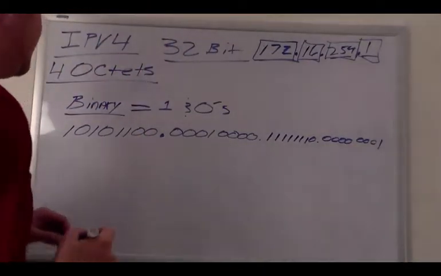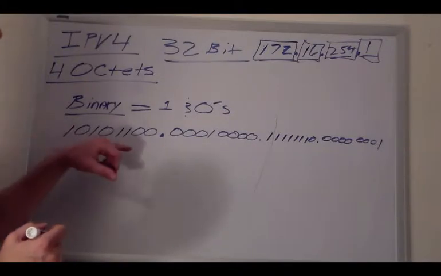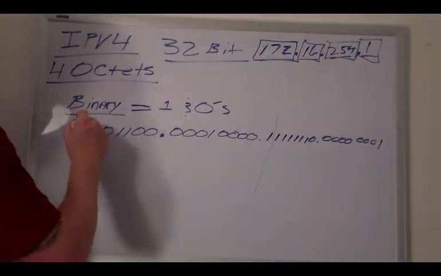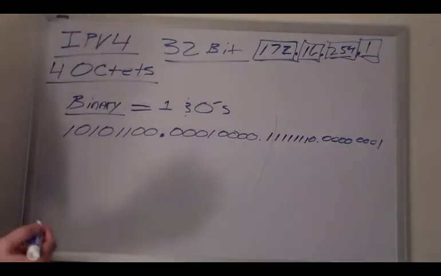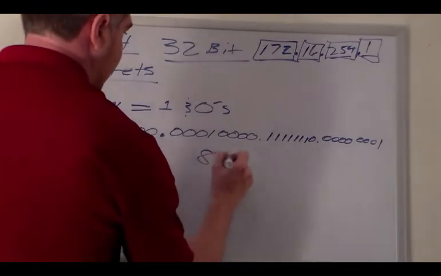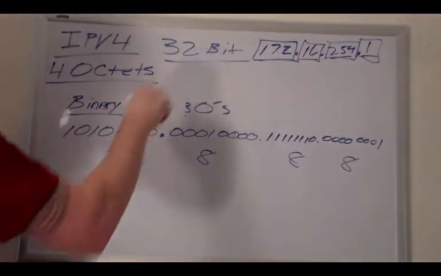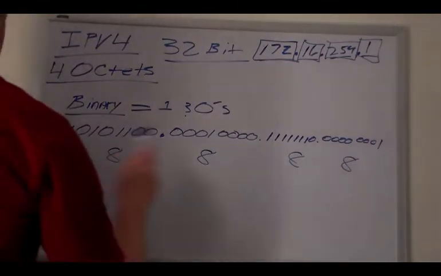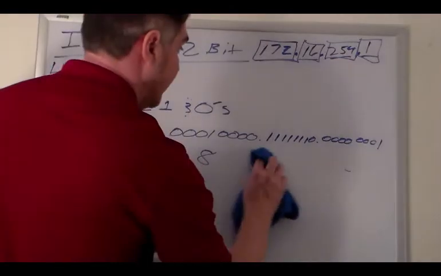Now each octet, as you can see, has 8 digits in it. So there's 8 numbers in here. They're going to be ones or zeros. Those are your bits. So you have 8 bits here, you have 8 bits here, you have 8 bits here, and you have 8 bits here. And that's how you get to your 32 bits. So that would be the 32-bit structure on IPv4.